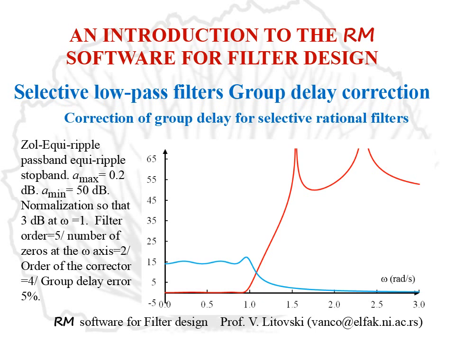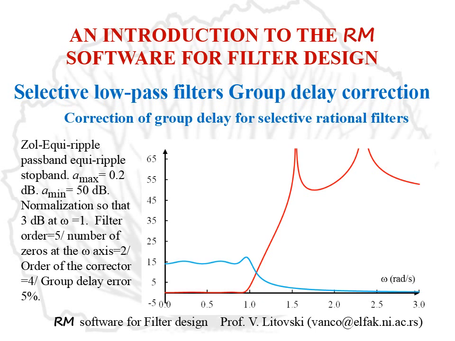Here an example is given for correction of group delay for selective filters with rational transfer functions, selective low-pass filter with rational transfer function. As Zolotarev equiripple passband, equiripple stopband is used with the maximum passband attenuation of 0.2 decibels, minimum stopband attenuation of 50 decibels.